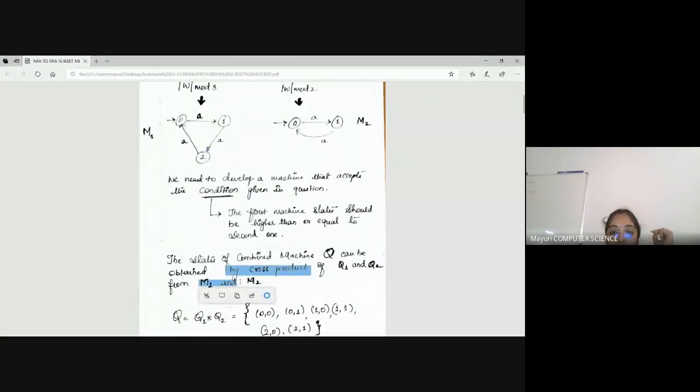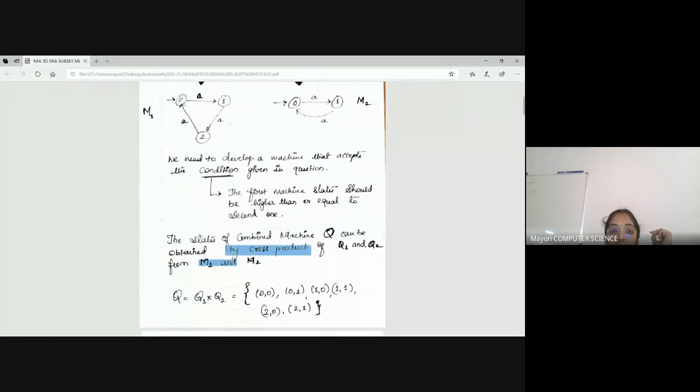The first state represents the state from machine 1, and the second state represents the state from machine 2. Doing the cross product 3 cross 2 gives 0,0, then 0,1, then 1,0, then 1,1, then 2,0 and 2,1. These are the states you got out of the cross product of the machine 1 states and the machine 2 states. No doubts here?